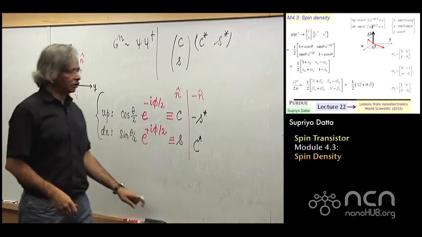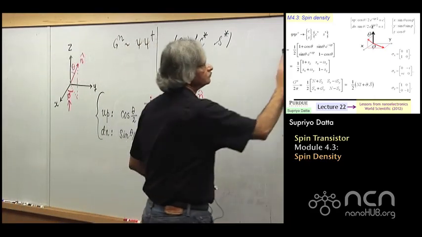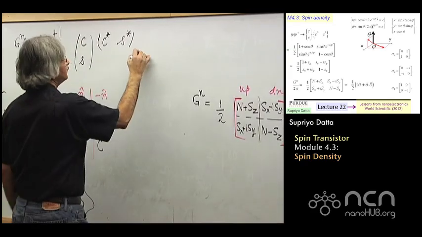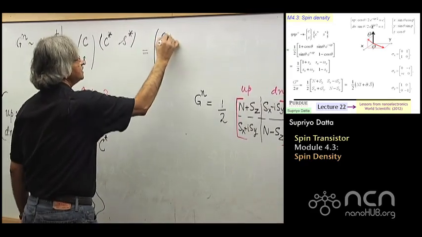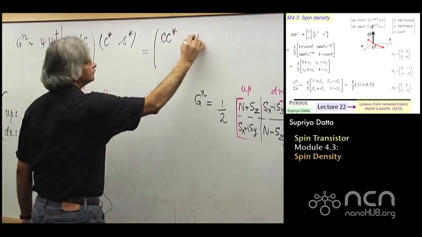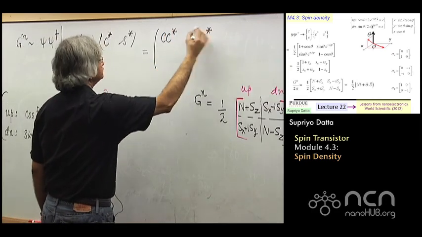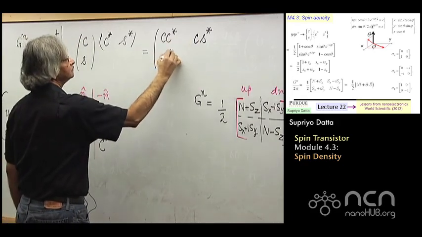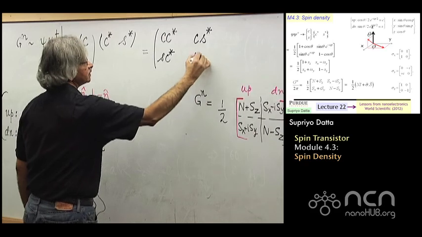So when you multiply it out, it will look like CC star, CS star, SC star, SS star.